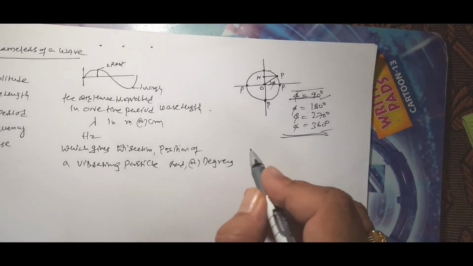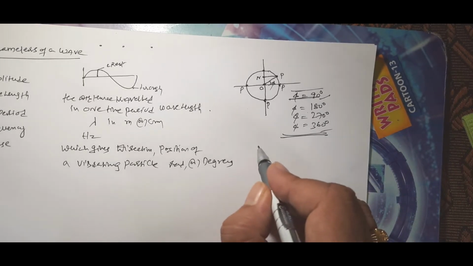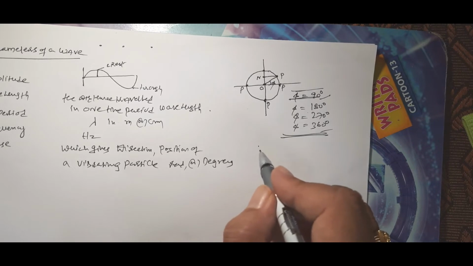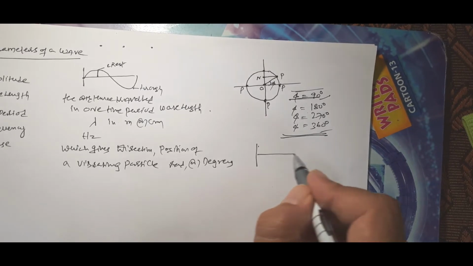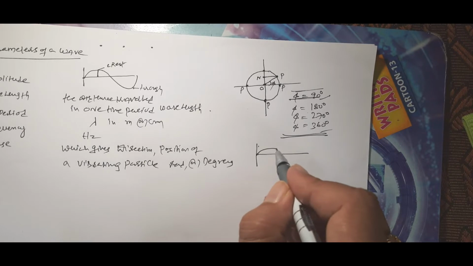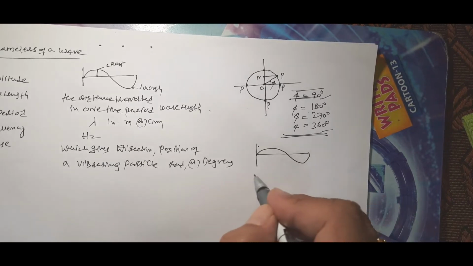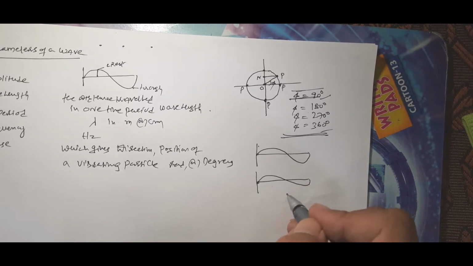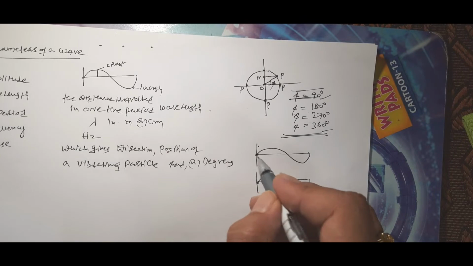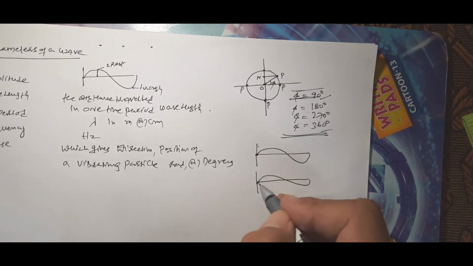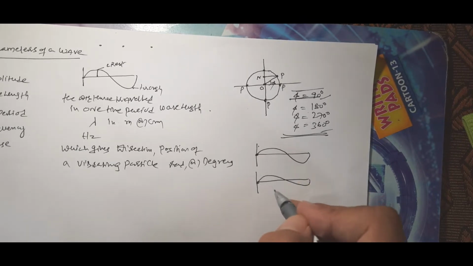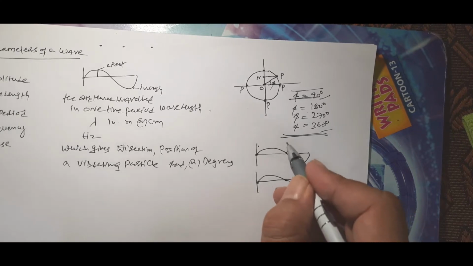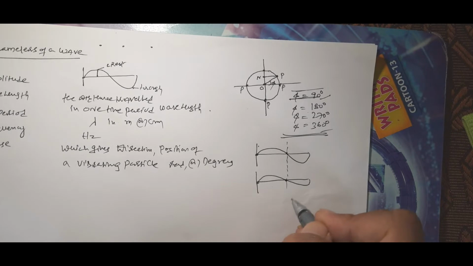For example, if two waves start at the same position and complete one wave together, then we say there is no phase difference between these two waves. Both start at the same time, both become maximum at the same time, and both become minimum at the same time. So there is no phase difference.